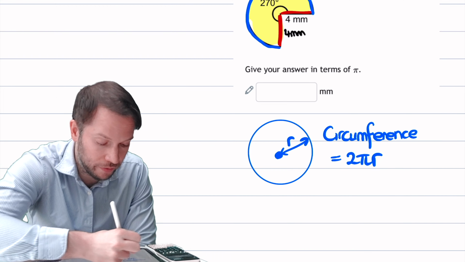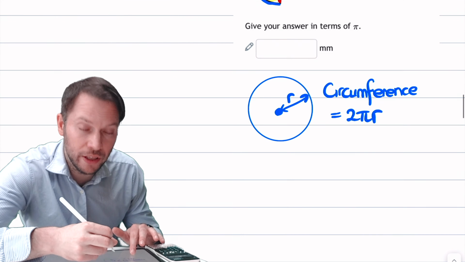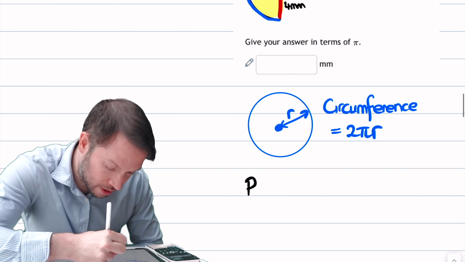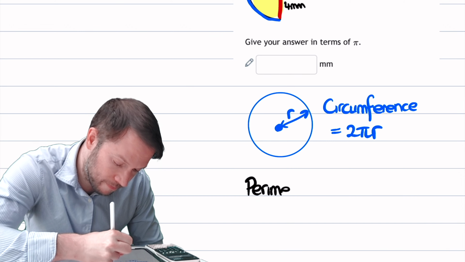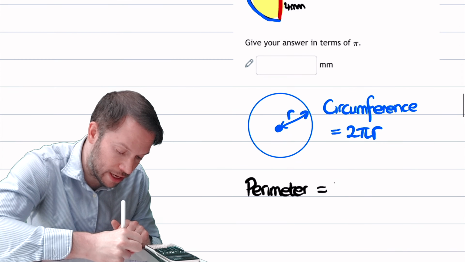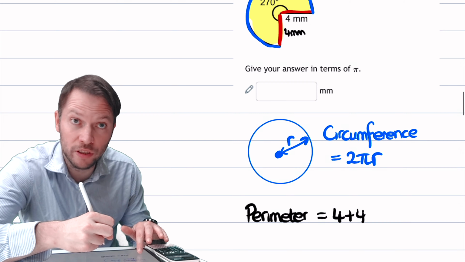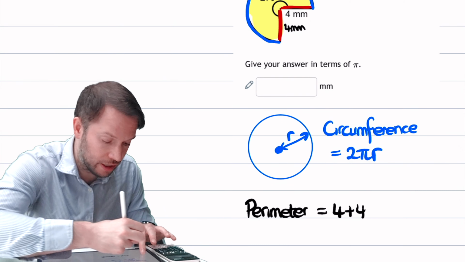Remember, in algebra, when you've got things next to each other, it means you multiply them together. So let's now find the perimeter of the whole thing. The perimeter of this whole shape, just do it all in one go, is going to be the 4 plus the 4, so the 2 red lengths above. And then we need the blue length, which is 3/4 of the full circumference of a circle.